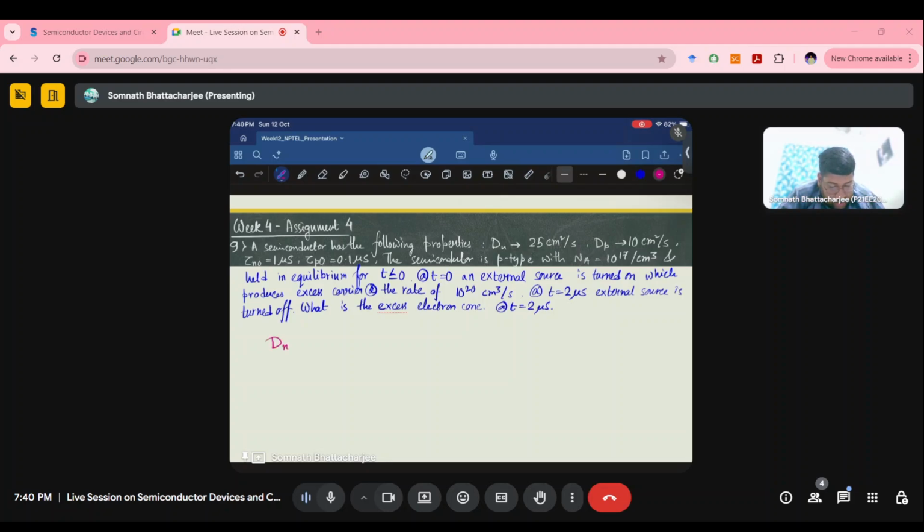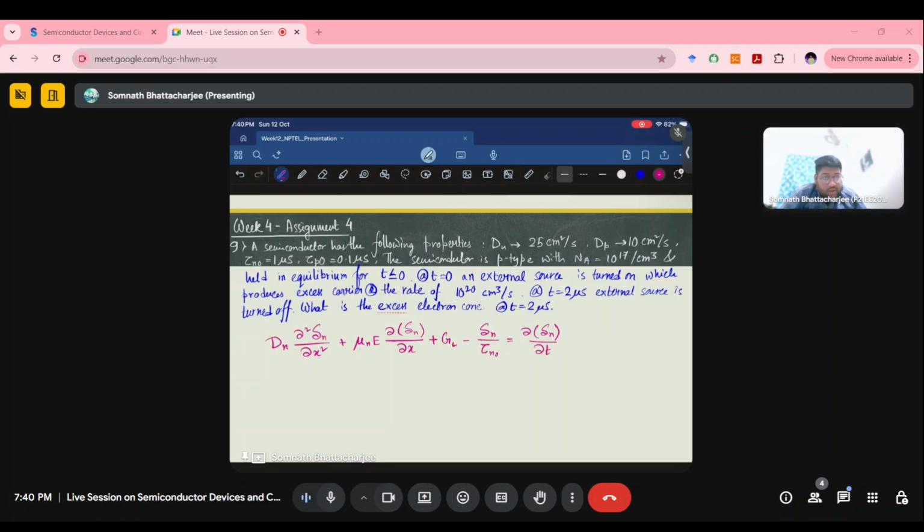That is Dn del 2 n divided by del x square plus mu n E del n divided by del x plus GL minus del n divided by tau n0, tau n0 they have already given, equals del of del n by del t.